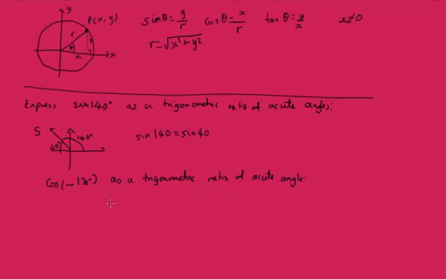So again, let's think about what this means. So previously we said that if the angle goes in an anti-clockwise direction, it's positive, but if an angle goes in a clockwise direction, it's negative. So this is a negative angle.